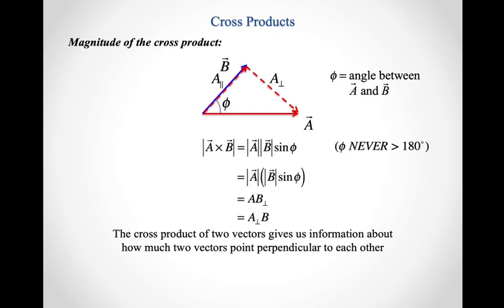So we said that the dot product tells us about how much our two vectors lie along the same line. The cross product tells us about how much our two vectors are perpendicular to each other.